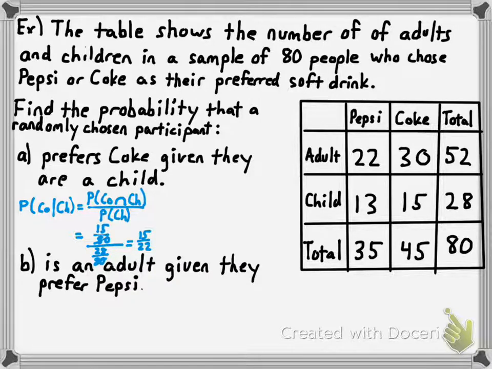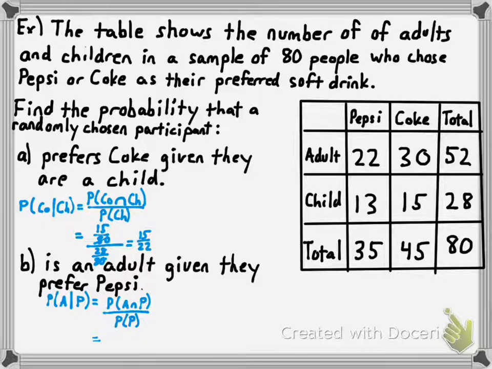All right, and then finally, I want to find the probability that somebody is an adult given that they prefer Pepsi. So the probability that they are an adult given that they prefer Pepsi, we'll call that P. So we've got to find the probability that somebody is both of those things, that they're an adult and they prefer Pepsi, and divide it by the probability that they prefer Pepsi, regardless of age.